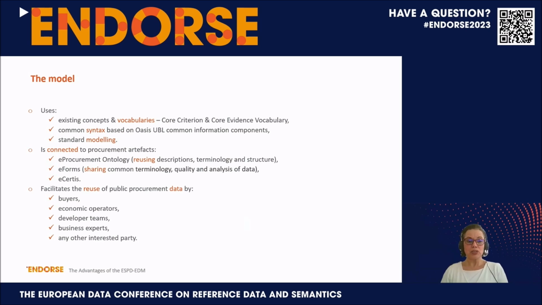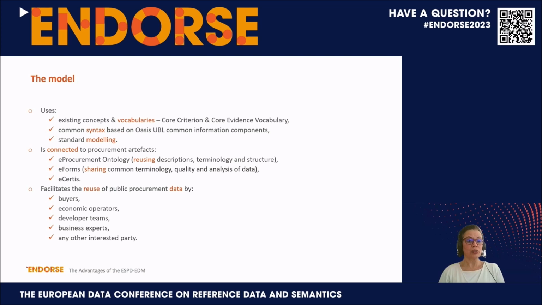We use, as mentioned before, the OASIS UBL common information components, which is a syntax commonly used by different models, and we also use a standard way of modeling. This model is also connected directly to other procurement artifacts, such as the procurement ontology. We reuse the descriptions, the terminology and the structure from the ontology.